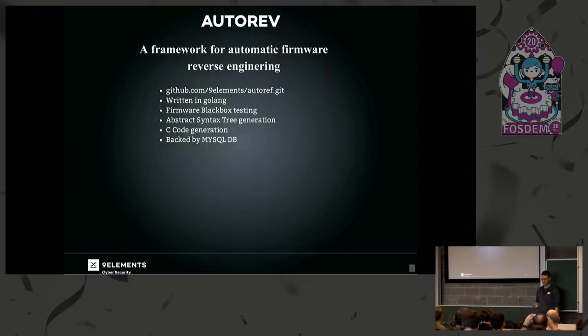It's written in Golang, and it allows black box testing of firmware. It does abstract syntax tree generation and is then able to generate C code out of that. The whole thing is backed by a MySQL database, and I'm going to explain all the details in the next few slides.